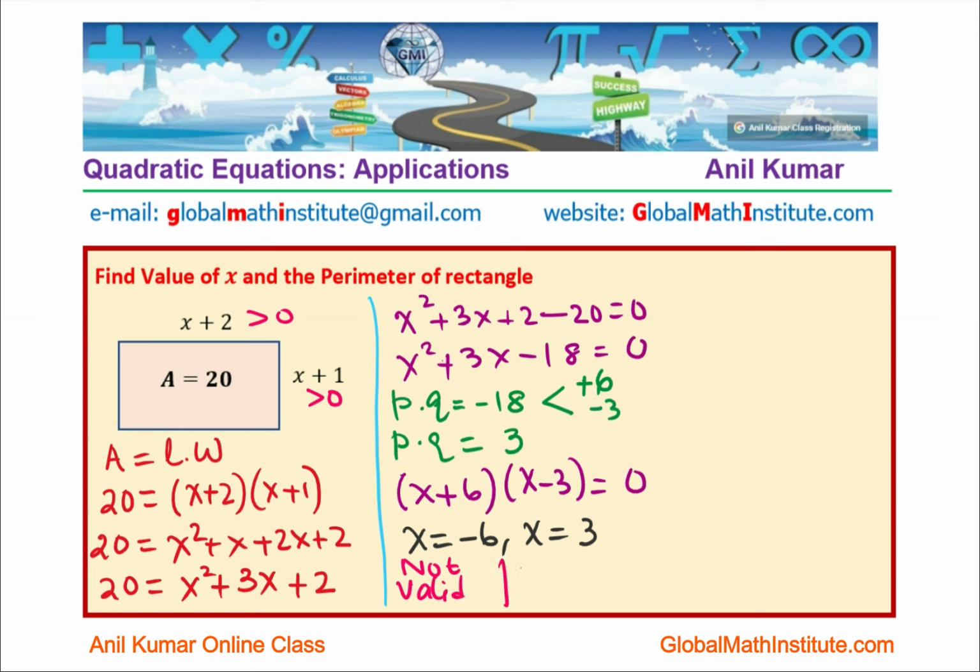So the only answer here is x equals 3. Now, if x equals 3 is the solution, we have found the first part, which is finding the value of x. Now you need to find the perimeter, the second part of the question.